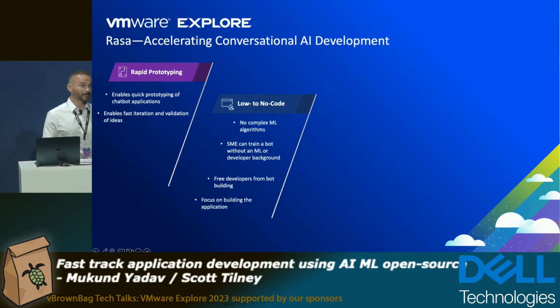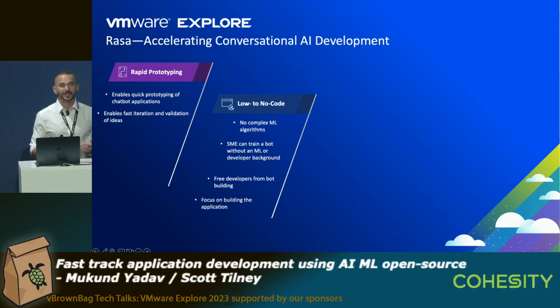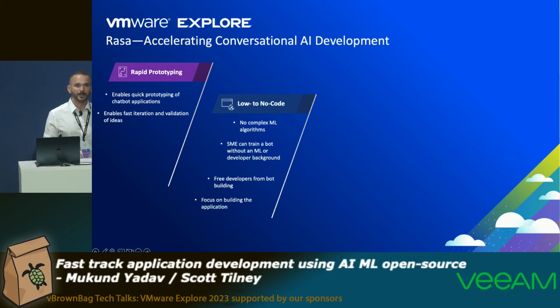The thing that I personally loved about Rasa as a developer is the low to no code approach. The reason this is so great is even a subject matter expert could train the models using Rasa. This frees up a lot of the developers' time from having to spend time on training and tuning the models, and the developers can now focus their energy on building the applications that integrate with Rasa rather than spending a lot of time training and tuning models.